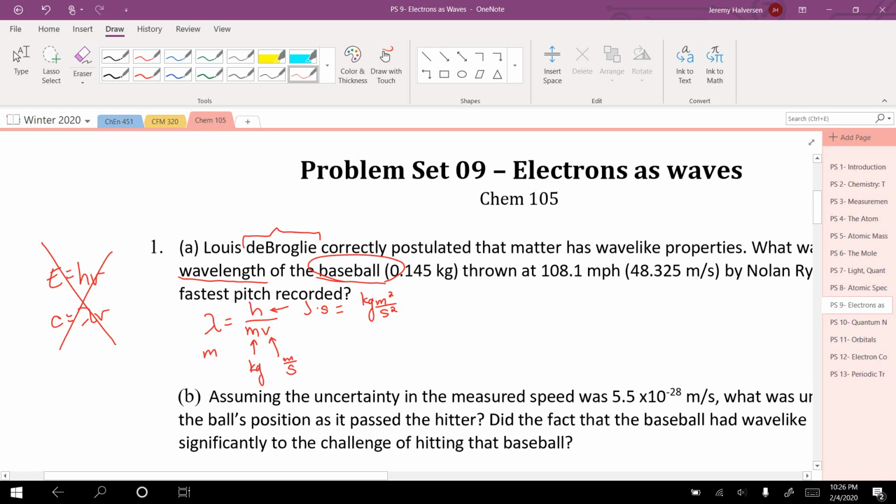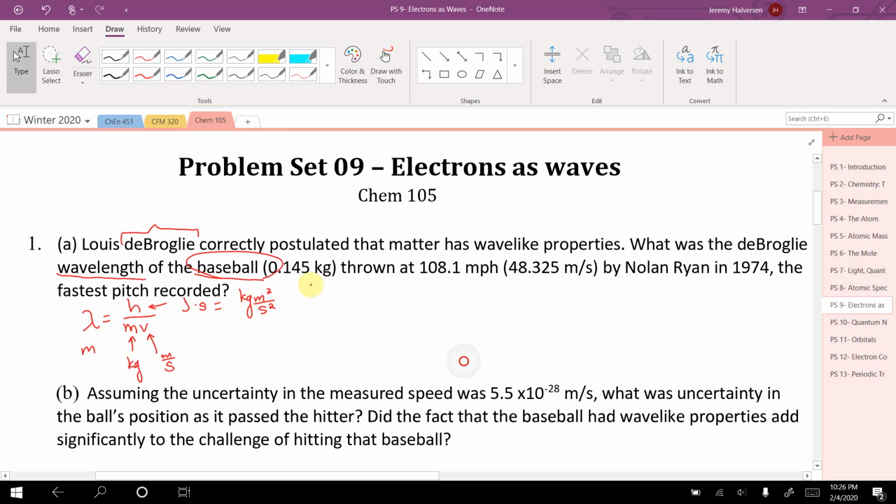So we can go ahead and solve this problem. We know that the wavelength of the baseball is going to be equal to Planck's constant over the mass, 0.145 kilograms, times the velocity, 48.325 meters per second.